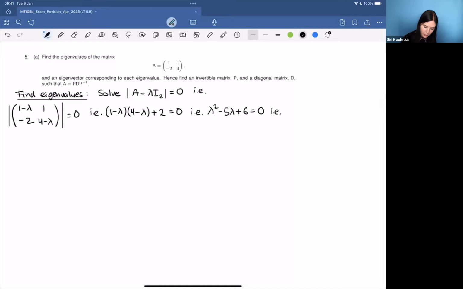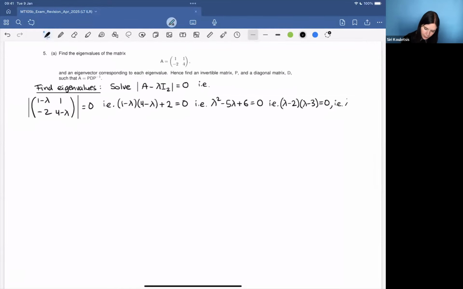And we need to find the roots. If you can spot them, that's fine. If not, just use the formula for the solutions of a quadratic equation. And we see here that lambda equals 2 and lambda equals 3 are the eigenvalues of A. Doesn't matter what order we put them in.